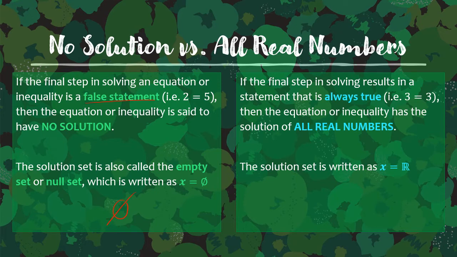So if we determine that we have a solution of all real numbers, we write that as x equals, and this is our symbol for all real numbers. I tend to write that as my big capital R with an extra line through it, unless you're typing, in which case you can find this lovely little character. So that represents all real numbers.